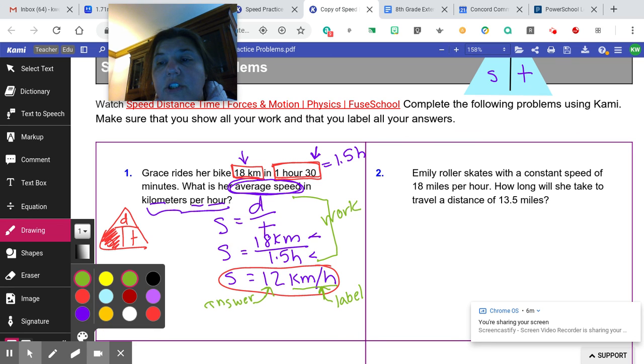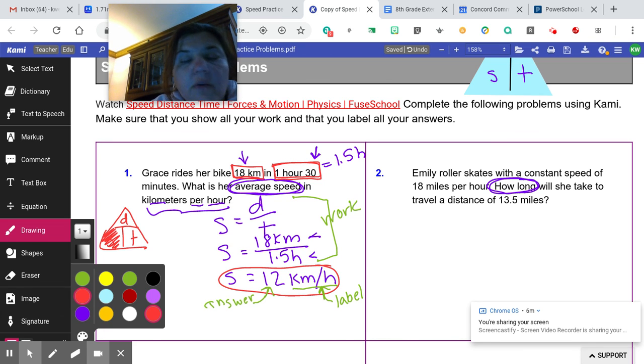How long will she take to travel a distance of 13.5 miles? So the first thing we do, we are going to ask ourselves, what is the question we are trying to answer? So we go back and we say, how long? How long will it take her? So when we're talking about how long, we're talking about time. We will be solving for time in this equation.